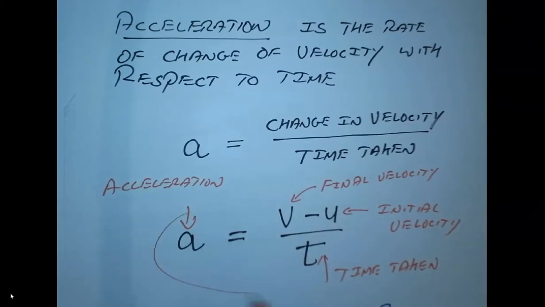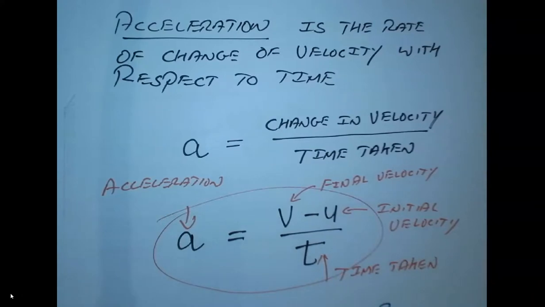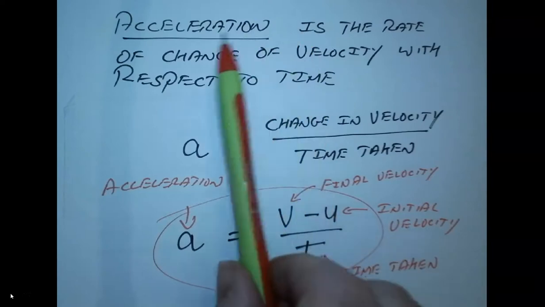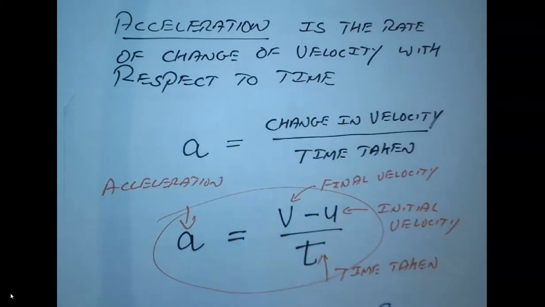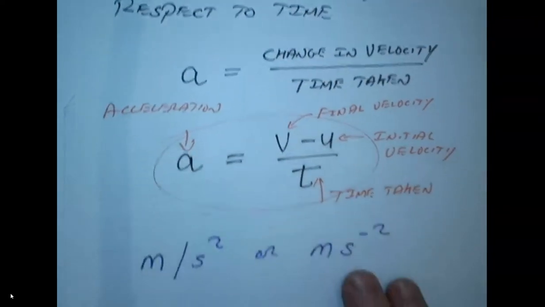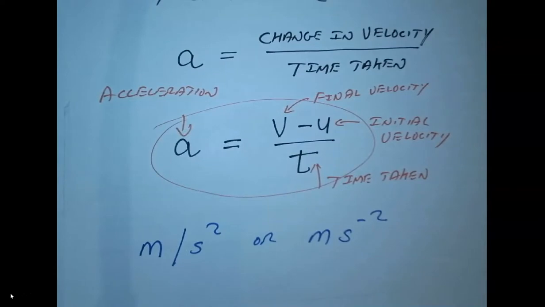So that formula is the one that most students in Leaving Cert use to define acceleration. Of course, if you use a formula to define something, you have to label it. So acceleration is the change in velocity, final velocity minus starting velocity, divided by time taken. Or if you want to put it in words, acceleration is the rate of change of velocity with respect to time.